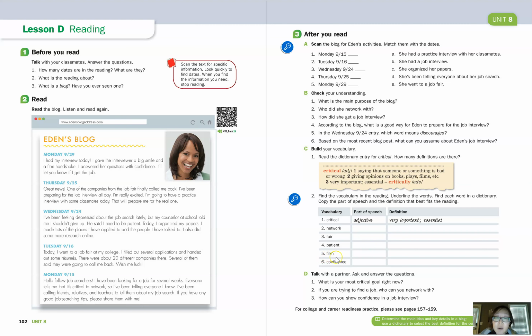Number 5, firm. You can find that here, a firm handshake. Okay, so in this case, firm is an adjective, and it means like a solid, like not weak, but strong handshake. So that's really important when you have a job interview and you meet someone for the first time.